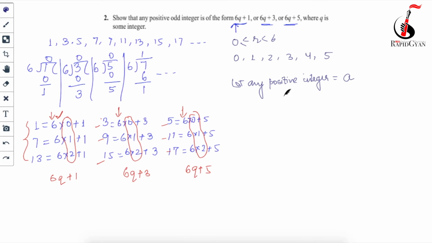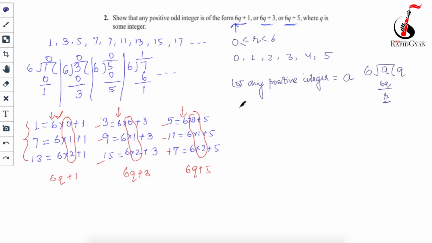Okay, so if I divide a by 6, I will get some quotient q and some remainder r, and here it will be 6 times q, 6q, plus some remainder r. Okay, so how am I going to write this? And what are my possible remainders? Possible remainders are 0, 1, 2, 3, 4 and 5.